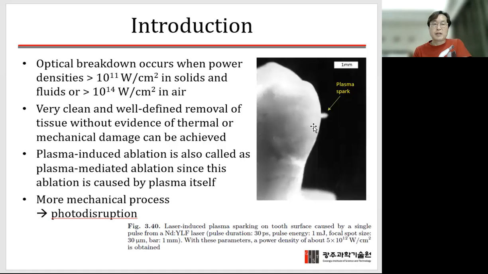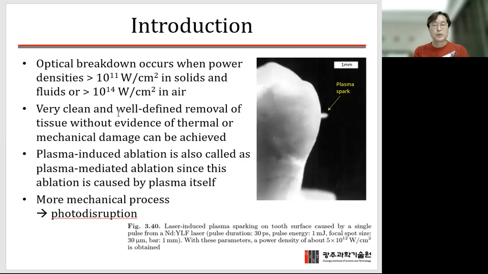This plasma is actually called the optical breakdown. And this optical breakdown happens when the power densities are greater than 10^11 watt per centimeter square in solid or fluid. And in the air, it has to be even higher, greater than 10^14 watt per centimeter square.